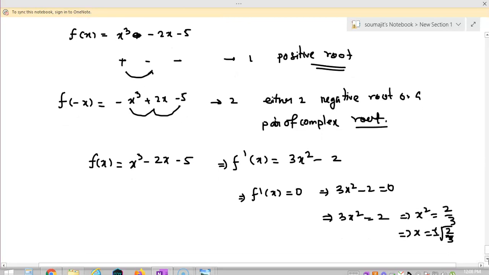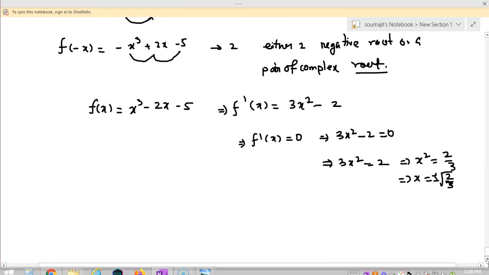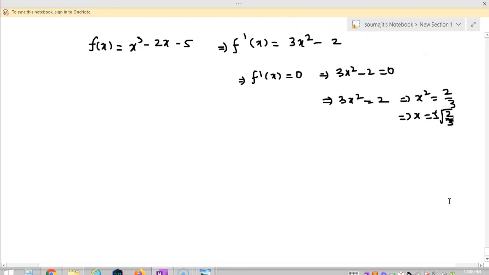Okay. Now what we can do, just check that f dash x equal to this. So I can write f dash x as root 3 x minus root 2 into root 3 x plus root 2, right?